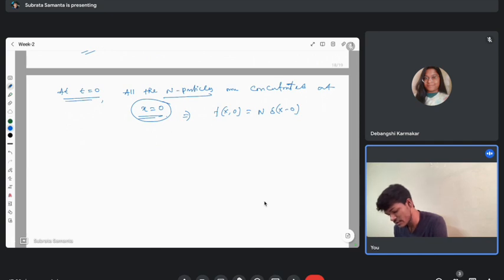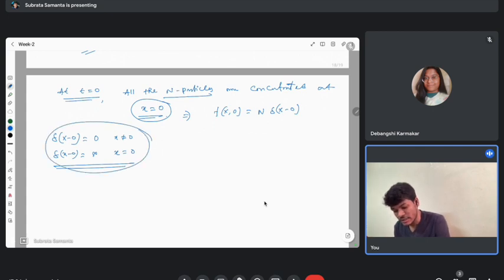So delta(x minus 0) equals 0 at x not equal to 0, and it equals infinity at x equals 0.